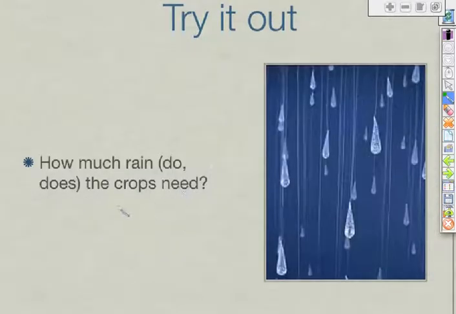Okay, in this one, how much rain do or does the crops need? Okay, sometimes it's tougher when you have a question. Sometimes it might be easier to say the crops and then either does need or do need how much rain. Okay, and then that might help you think of it.